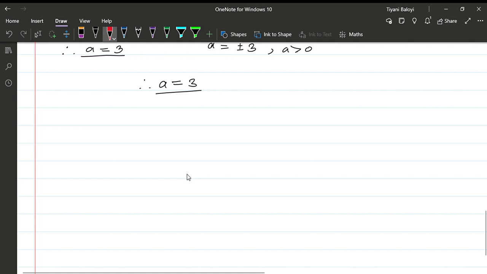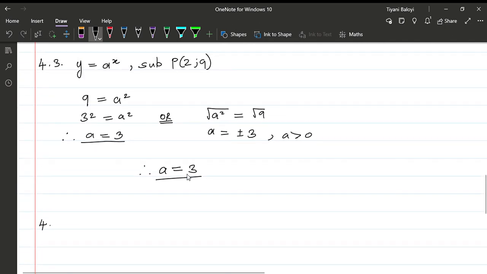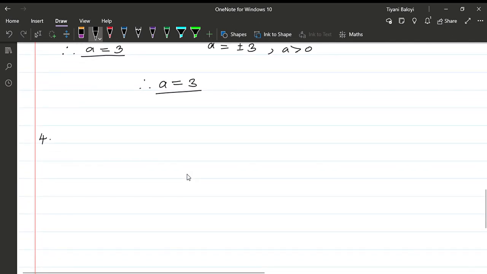As I already explained, we need to substitute into y equals 3 to the power x. So you substitute Q, which is b, and 1 over 81.